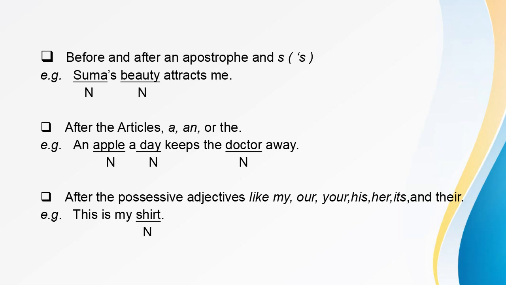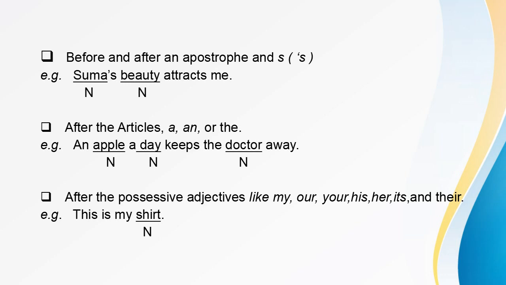You can see that very clearly, my dear students. Before that apostrophe and s, which word is given? Yes, that is Suma. After the apostrophe and s, which word is given? Yes, that is beauty.